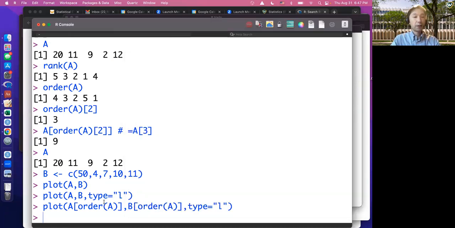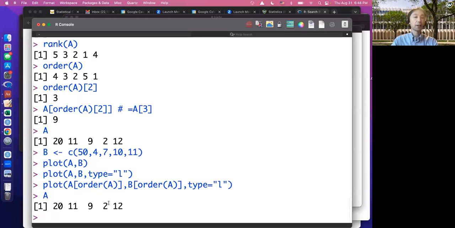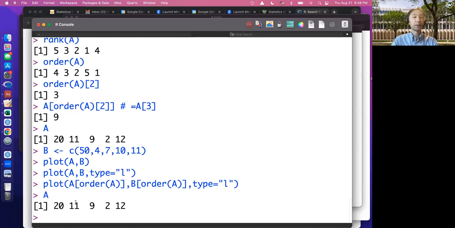Okay, so data manipulation number 2. Sometimes we want to take the difference from the previous observation. So A is this vector, but the difference from the last time is important: 11 minus 20, 9 minus 11, 2 minus 9. So these are important sometimes.